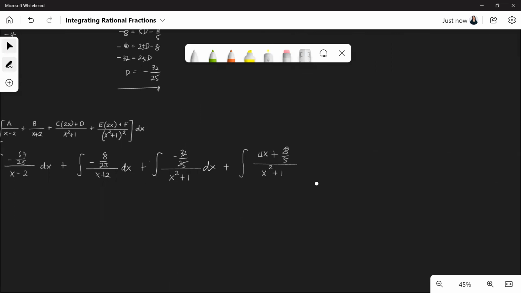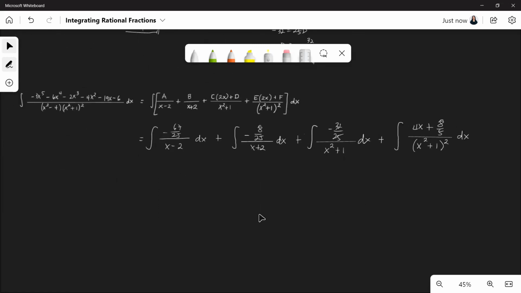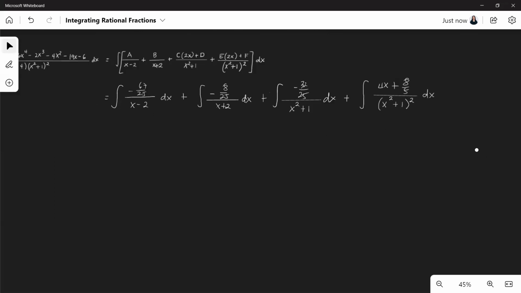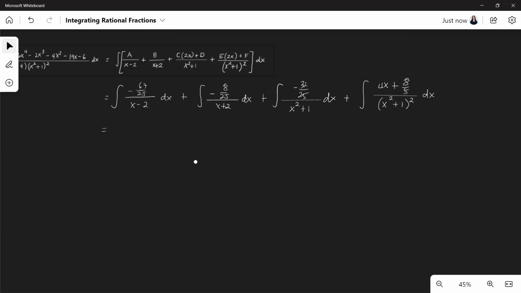Wherein you need to integrate. For the first term, let u be equal to x minus 2, so du is just dx.